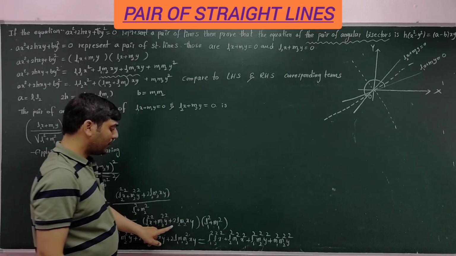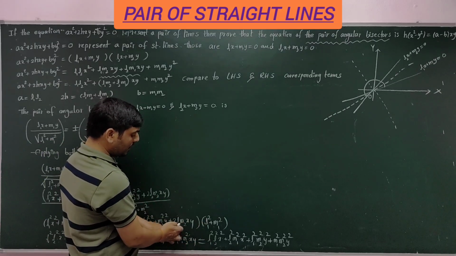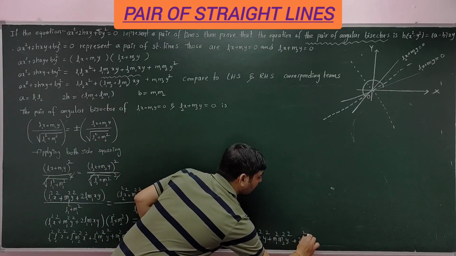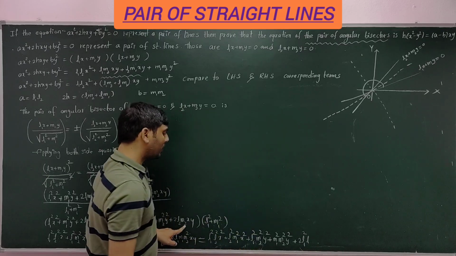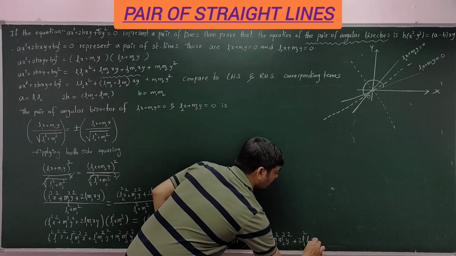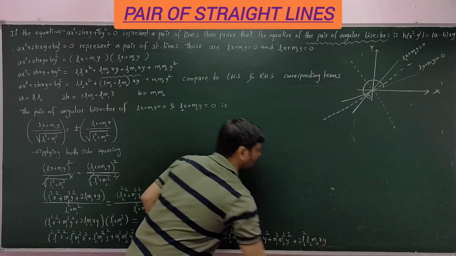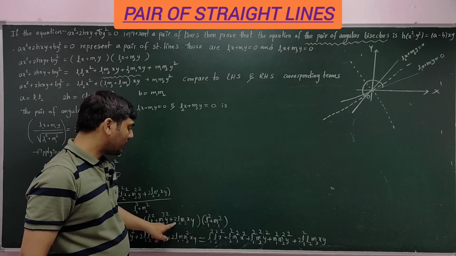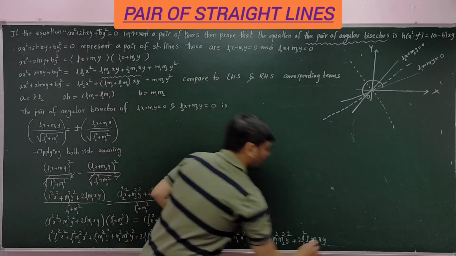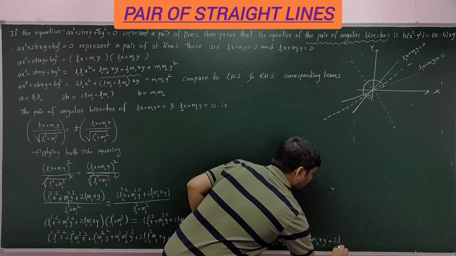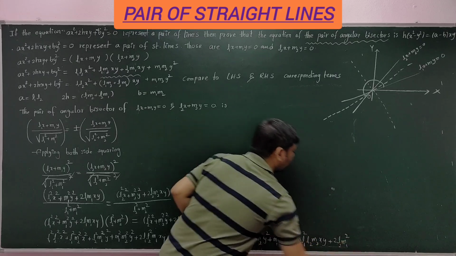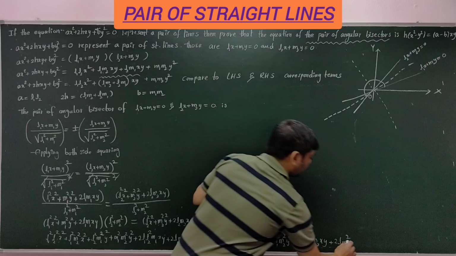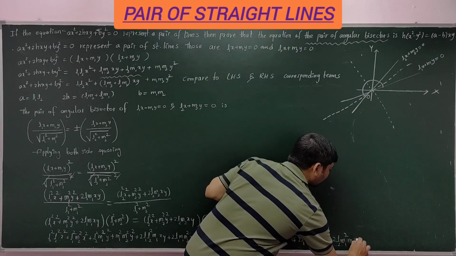Write in order 2 L1 square L2 m2 xy, plus 2 L2 m1 square m2 xy, as the last term multiplied with the last term.